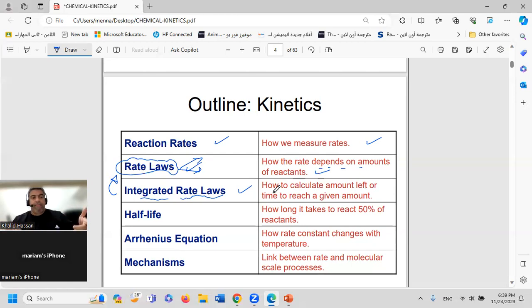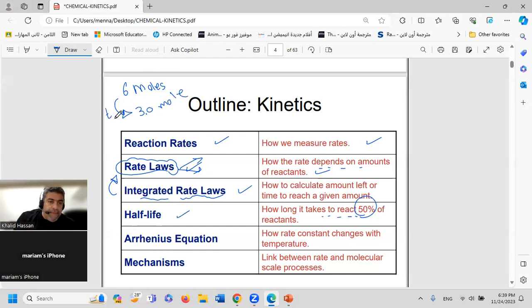So I will start my reaction, for example, and after 20 seconds, how much is remaining at this given time? This is what the integrated rate law is looking for. The half-life is how long it takes to react 50% of the reactants. What does it mean? If you have, for example, 6 moles of your reactants, the time to consume half of them, 50%, leaves the remaining 3 moles.